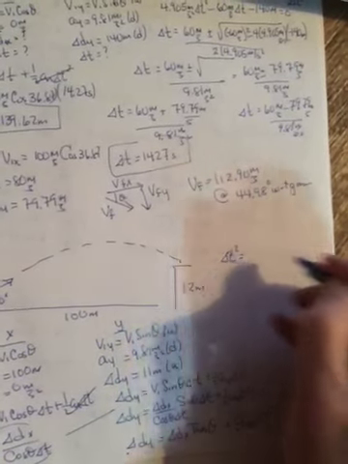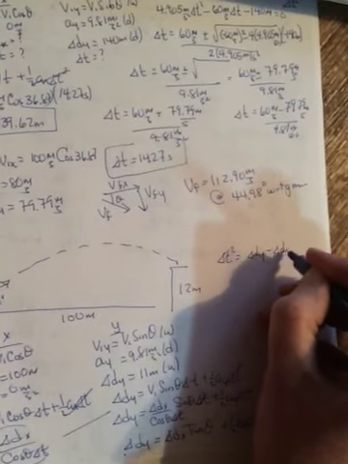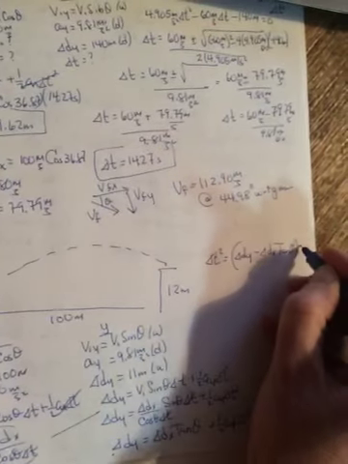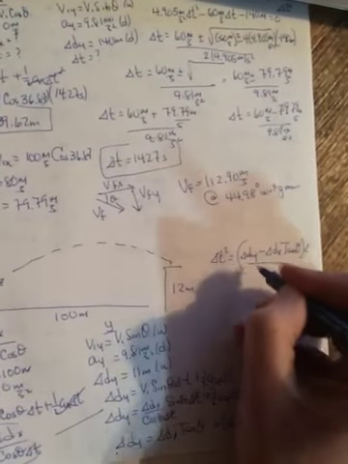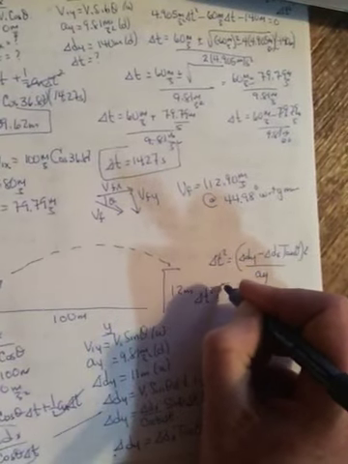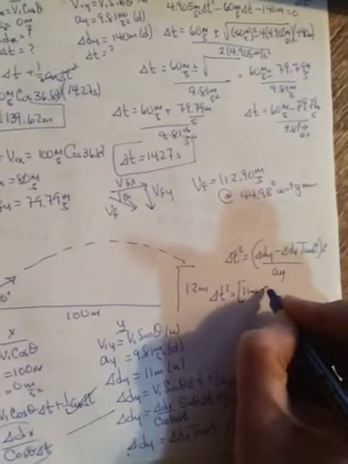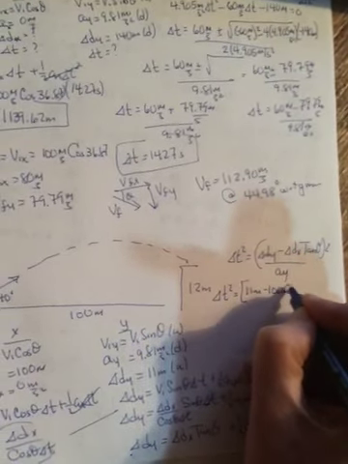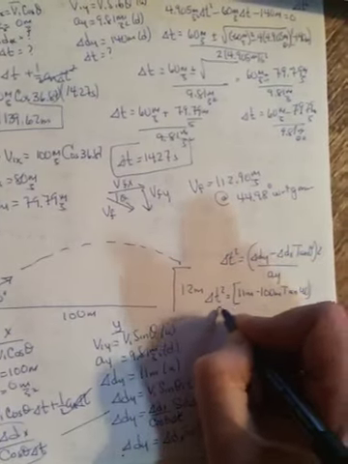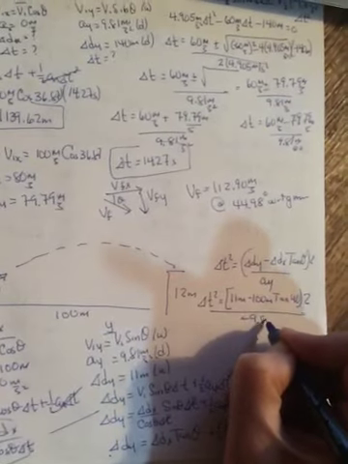So t squared will equal delta dy minus delta dx tan theta, and then you have to multiply both sides by 2 and divide by AY. So t squared is equal to bracket 11 meters minus 100 meters tan of 40 degrees, divided by negative 9.81 meters.